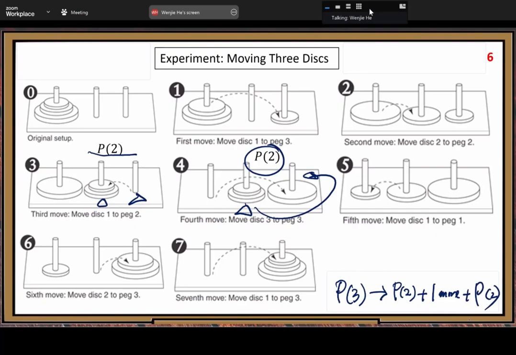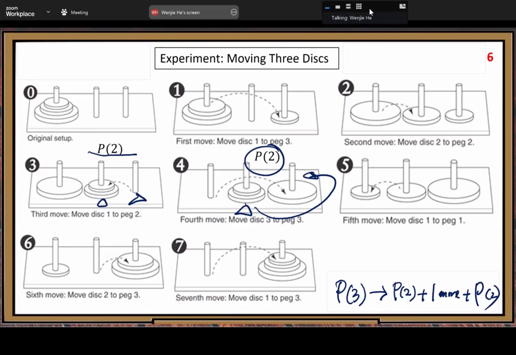So you can see, this is our recursion. In order to do P of 3, we need to apply the solution of its previous problem size, P of 2, twice. But in between, we need to move the largest disk, one disk move in between.